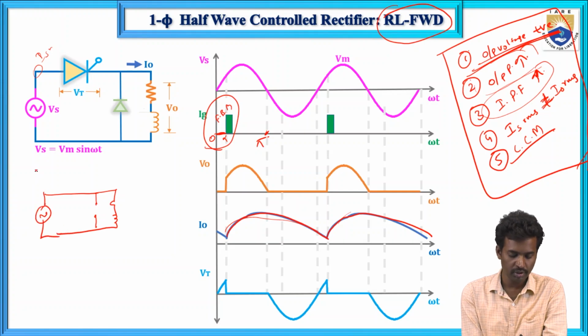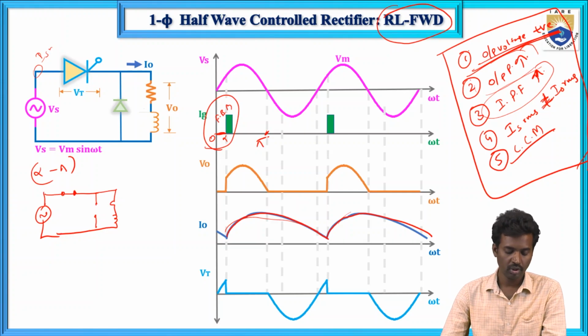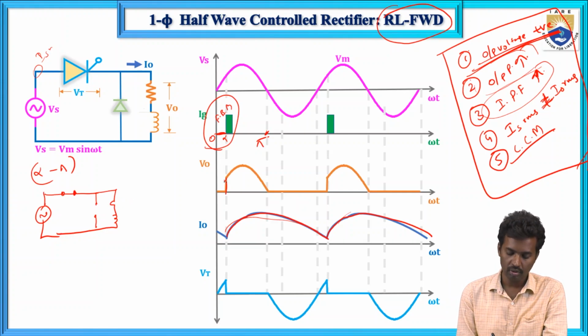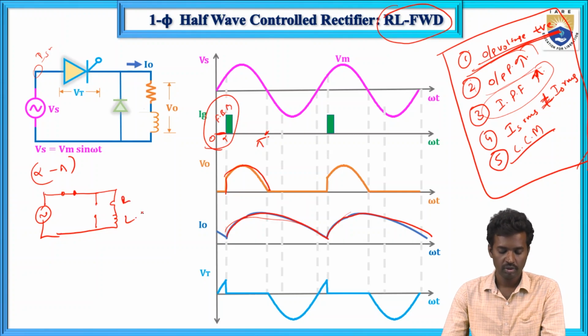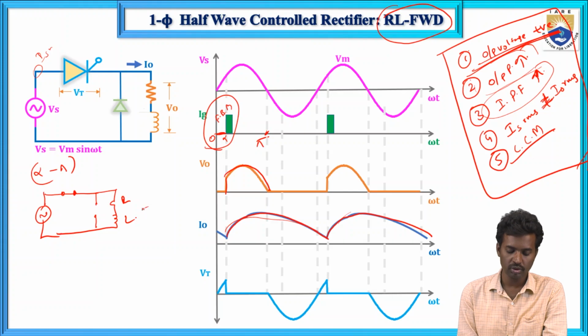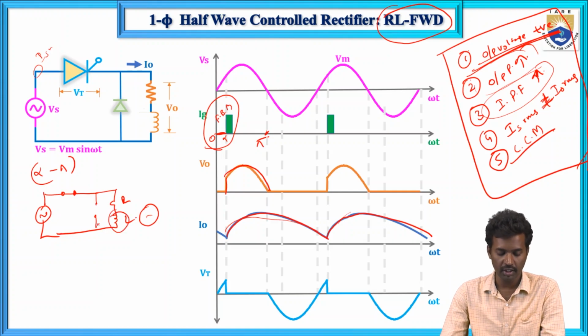From alpha, the SCR acts as a short circuit. So now this is the R load and this is the L load. During this period, the inductor stores some amount of energy in the form of magnetic field.